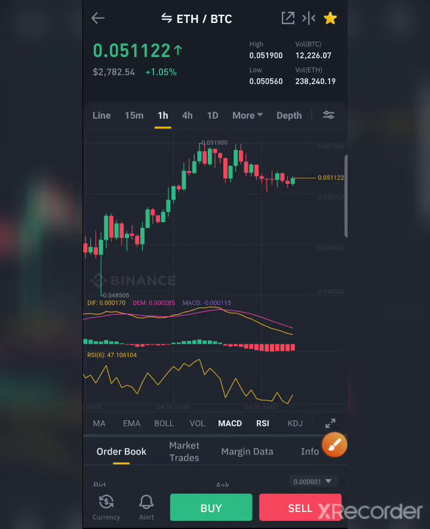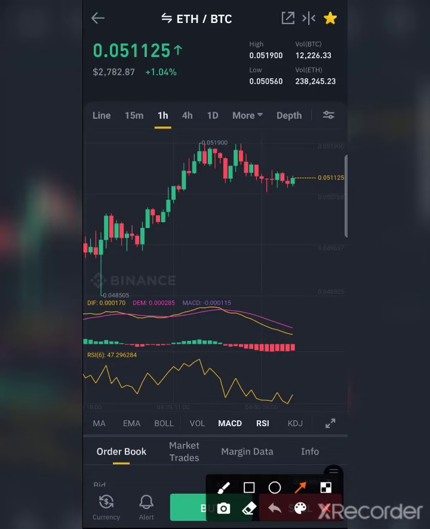So that's the whole stuff. Now, if you watch it throughout the night, it was going bullish, but now it's going bearish. So you can see the whole picture.